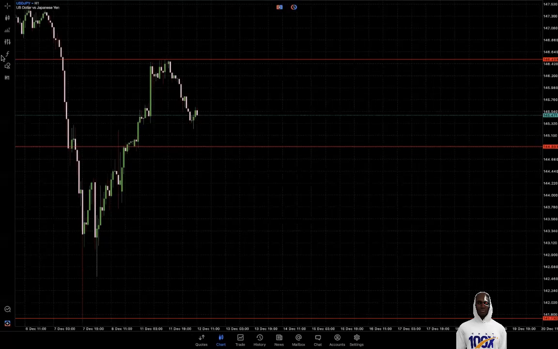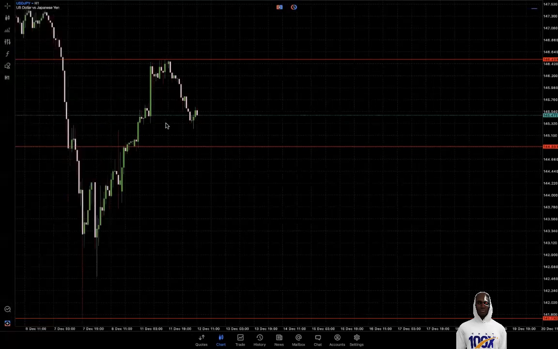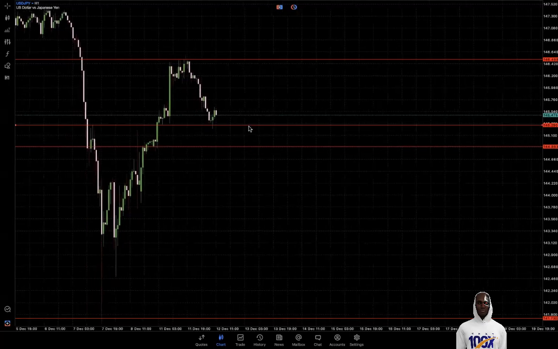Now let's see. There's another support zone here that we need to look at. A minor support zone on the 1 hour time frame, where price had come to test here. So this can act as a support for price, preventing price from falling further.